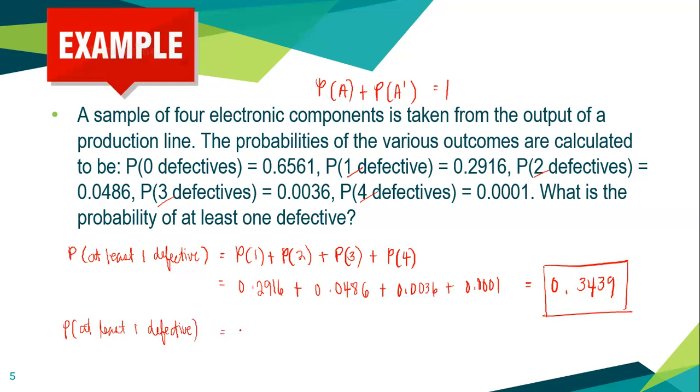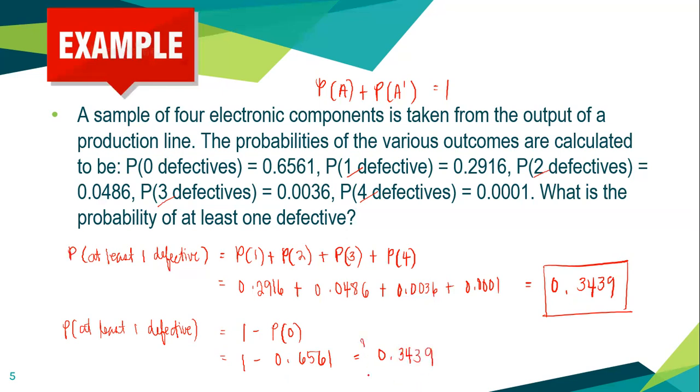So dito, pwede nating gawing solution, probability of at least one defective, that is 1 minus probability na walang defective. Tama ba? And that is 1 minus 0.6561. So let's compute this. Dapat, ang lalabas na sagot is 0.3439 also. So 1 minus 0.6561 is equal to 0.3439.